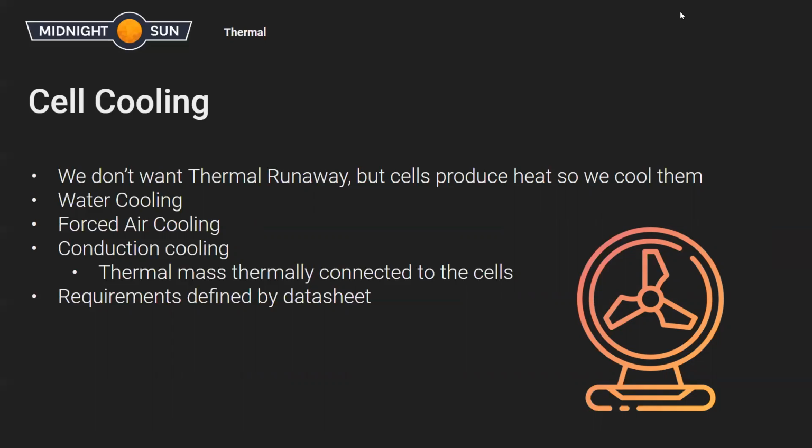You just pop the cells in something like a phase change material that will absorb all the energy from the cells as they heat up. But those are pretty new methods, and yeah, we don't have access to those, unfortunately. And the requirements are defined by the data sheet, so we have that 60-degree maximum.